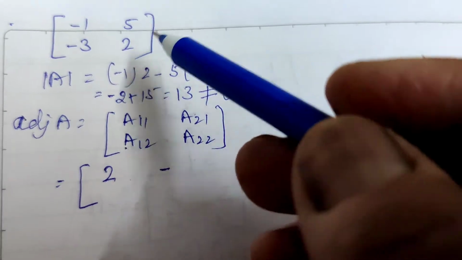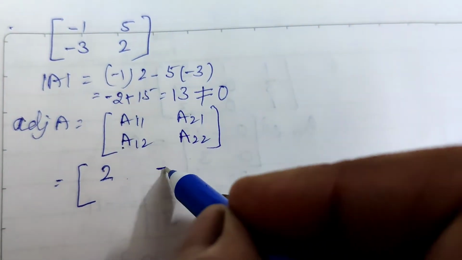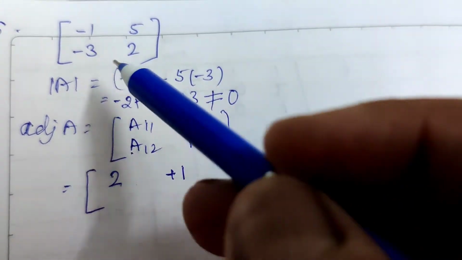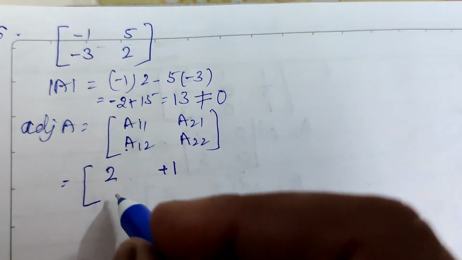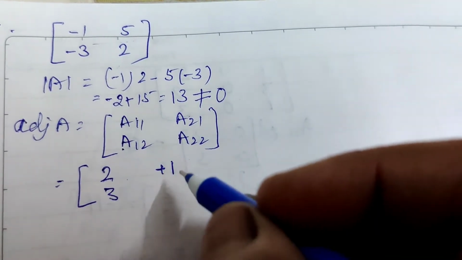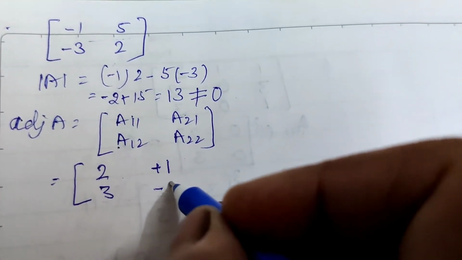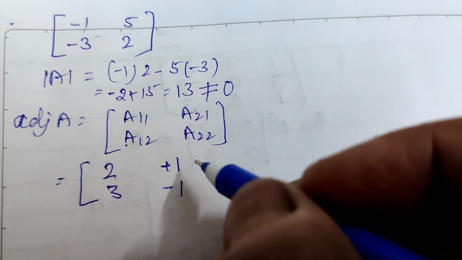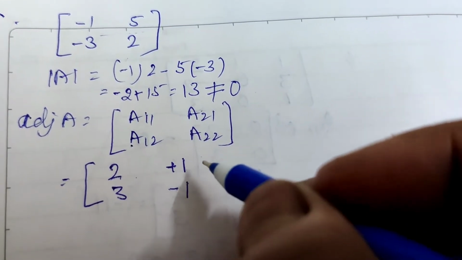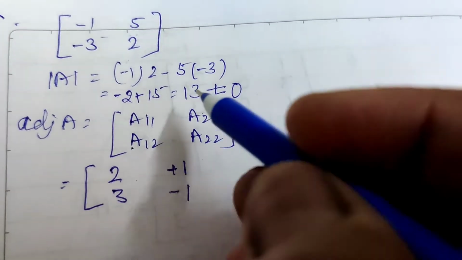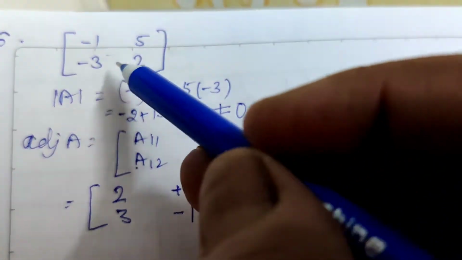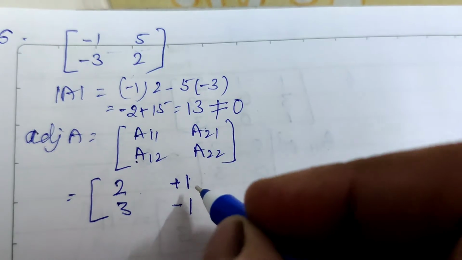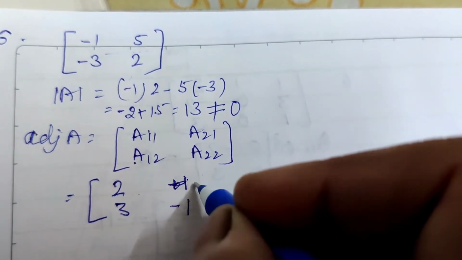A12, first row second column, is minus 3, it means plus 3. A22 is minus 1. A21, second row first column, is 5, so minus 5.